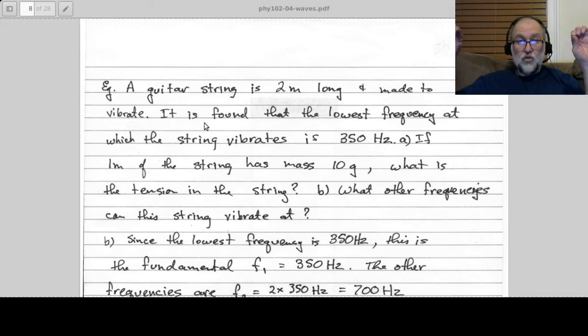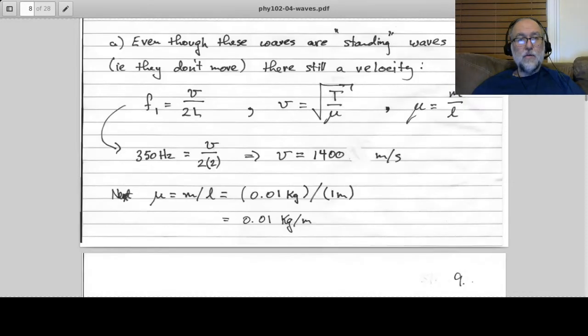What I mean is the full 2 meters is, from bridge to bridge, the distance from bridge to bridge is 2 meters. Okay, so over here, when you have that capital L, we're going to substitute that with 2. Okay, so we know the fundamental frequency, we know capital L, and we can find that the velocity is 1,400 meters per second. All right, so now we have V.